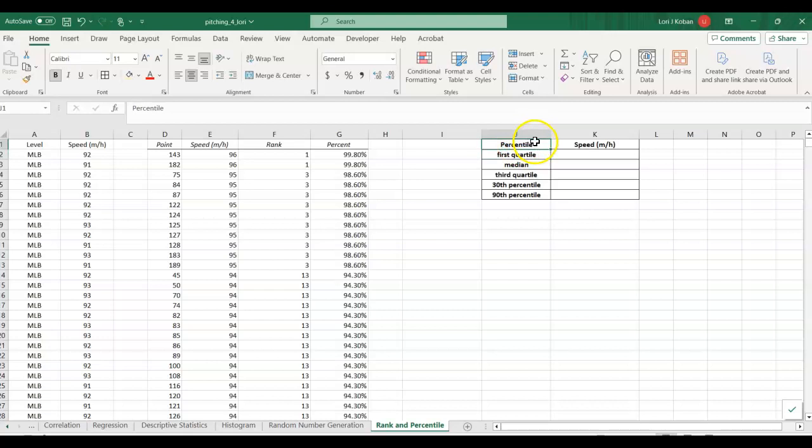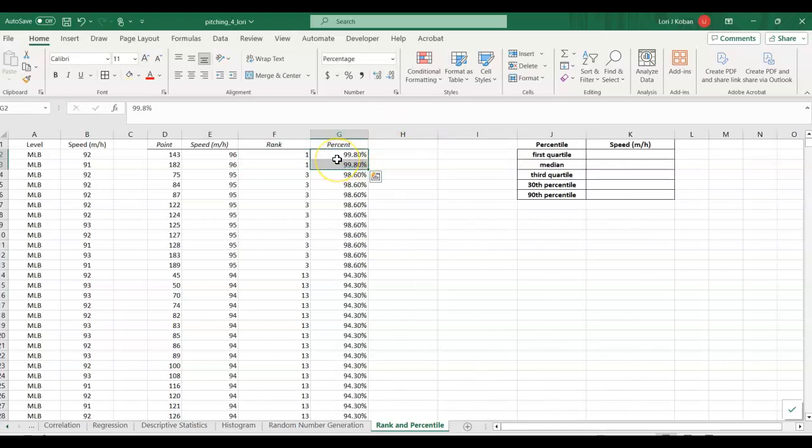And a percentile is a number that is bigger than a certain percent of the data. So you see how these are both the same data point, they're both ranked 1, so they should both be the same percentile. And the percentile is what percent of the data are you bigger than? There's 839 data points, and this is bigger than all but 2 of them.